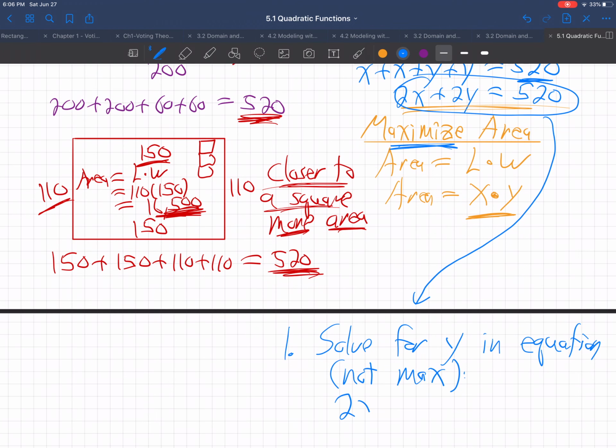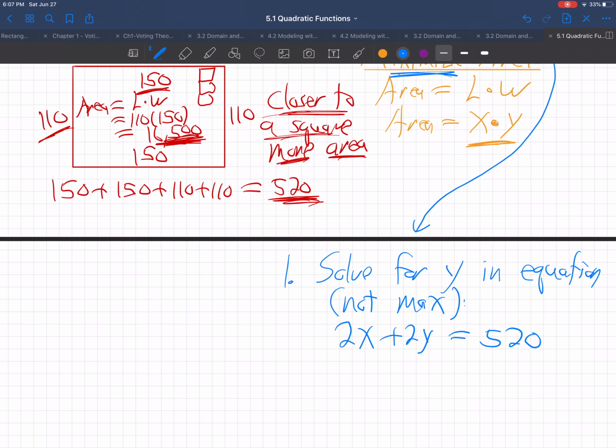Okay, so let's take 2x plus 2y equals 520. Let's solve for y. Subtract 2x from both sides. And what do we get? 2y is 520 minus 2x. Divide through by 2.